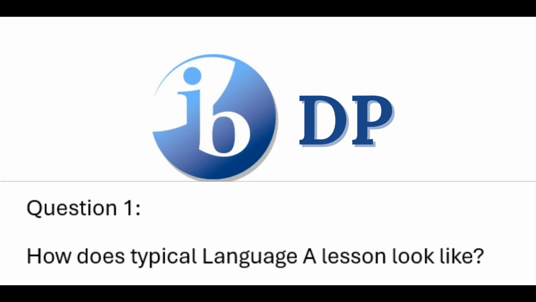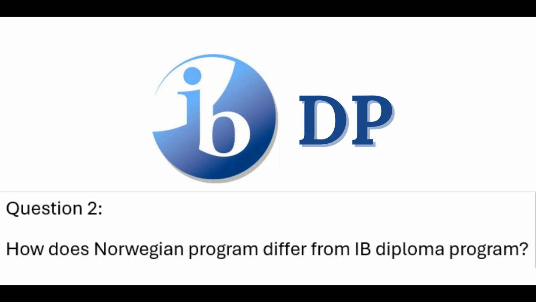So then I'm wondering, if you're familiar with the Norwegian curriculum, how does it differ from the IB curriculum in the same languages? It's a long time since I've taught the Norwegian syllabus, but I know, of course, how it's constructed. And there's a couple of significant differences.